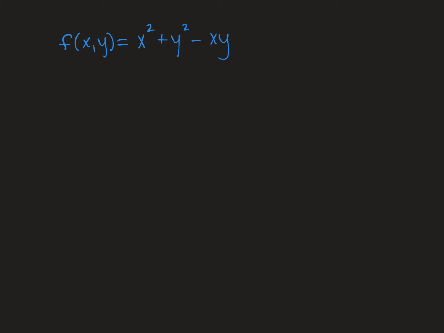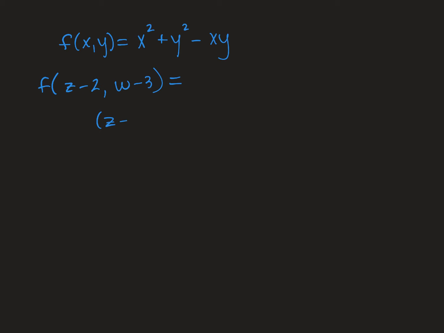That first part is straightforward enough, but we all know it's never that easy. So now we're going to plug in some expressions into our function. Let's say we wanted to find f of z minus 2, w minus 3. This just means that we're plugging z minus 2 in for x and w minus 3 in for y.